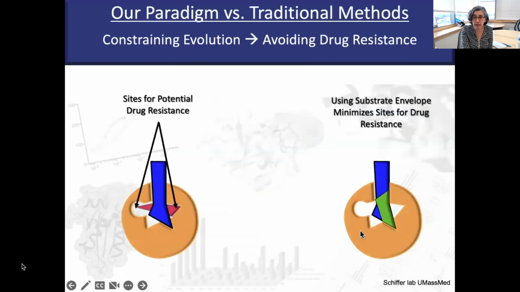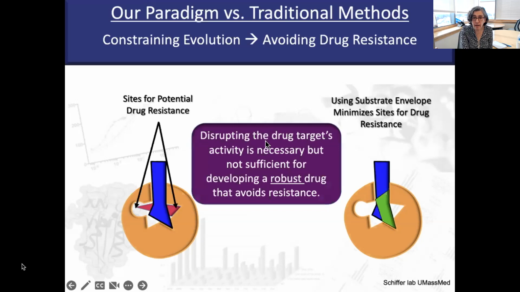So if you compare our technique to more traditional methods, although resistance still can occur, the probability is starkly decreased compared to more traditional methods. And so again, this concept that disrupting the drug target's activity is necessary, but not sufficient for developing a robust drug that avoids resistance is sort of the mainstay of that.